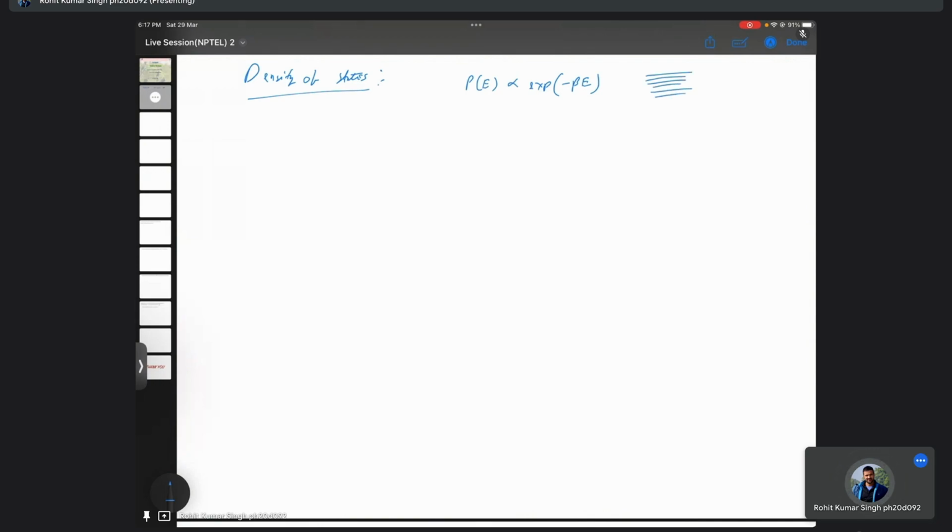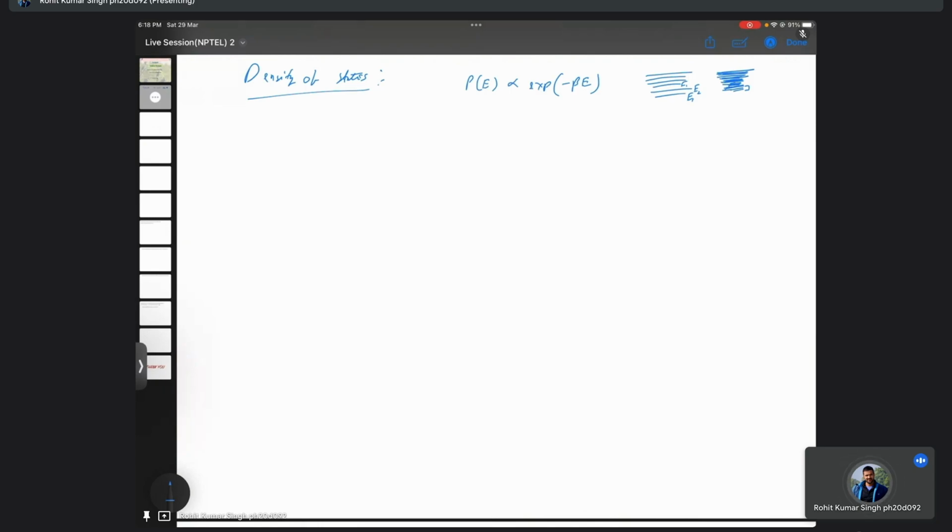If they are far apart, it's okay, we have discrete energy states. But if these are very close to each other, so that we cannot differentiate one from another, for example you can differentiate E1, E2, E3 here but that cannot be done there, then we have to consider a range of energy states.